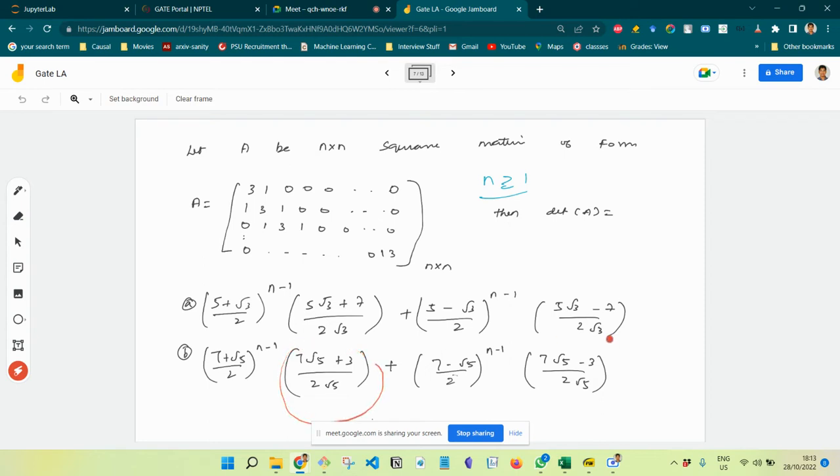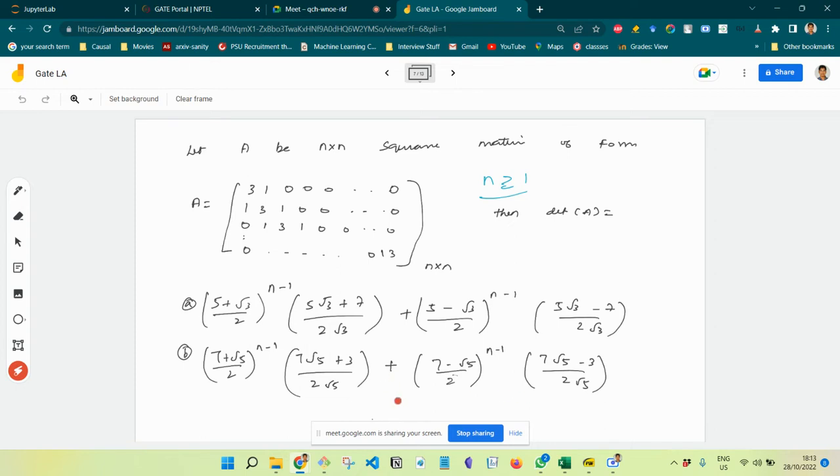Then what remains is this term and this term. Now in this term, you have 7 root 5 plus 3 by 2 root 5, plus 7 root 5 minus 3 by 2 root 5. So this 3 and this 3 will get cancelled. Now what remains is 14 root 5 by 2 root 5, right? Now root 5 will get cancelled.